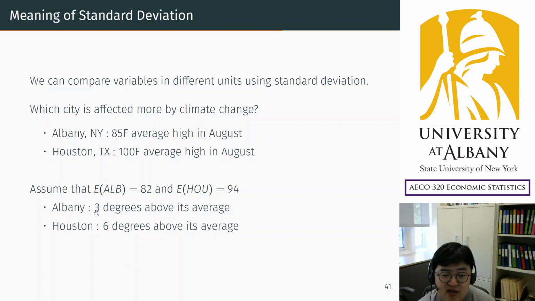So okay, 3 degrees is half of 6 degrees. That's right, but you need to think about the volatility, right? For example, Albany's temperature is more volatile, but Houston is more stable from year to year. Annually, last year is more similar to this year in Houston, but in Albany, one year it's extremely hot, but in another year it's a lot cooler.